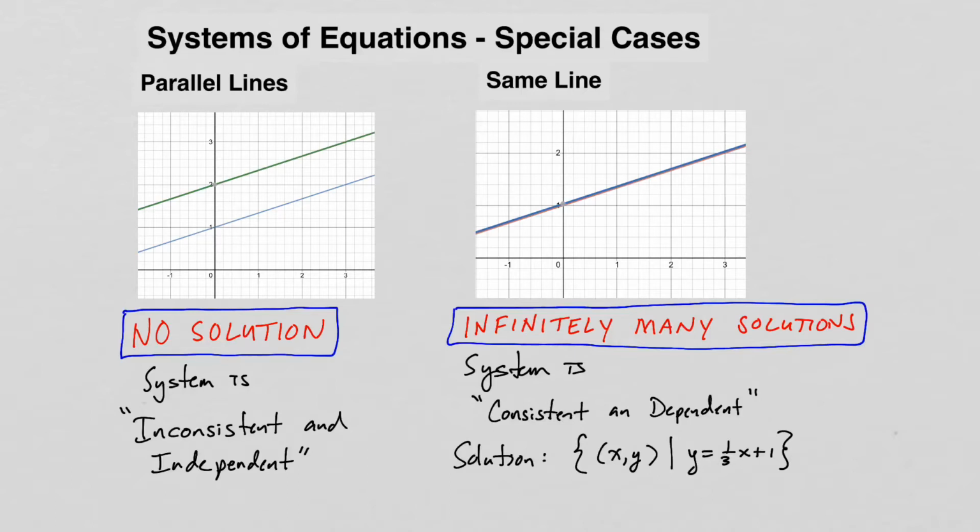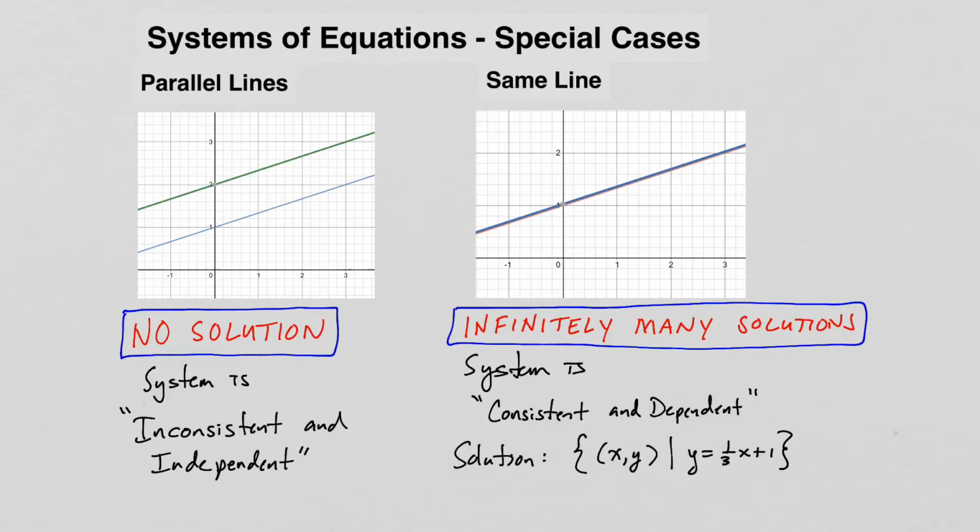And in this case, we say the system is consistent and dependent. And if you wanted to write the actual solution, we would say the solution is the set of all points x and y such that x and y have to satisfy this equation. And this is the equation of one of those lines.